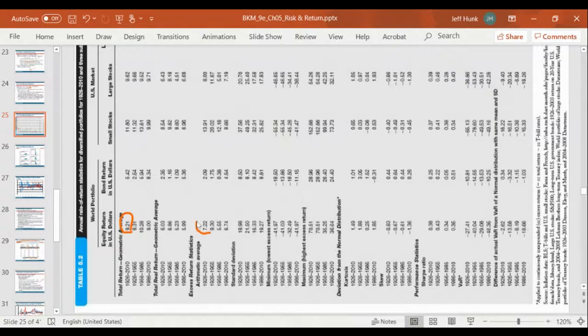But real return, that was nominal. Real return wasn't that far behind. It was like 8.03%, right? Only about 1% inflation, 1.2.